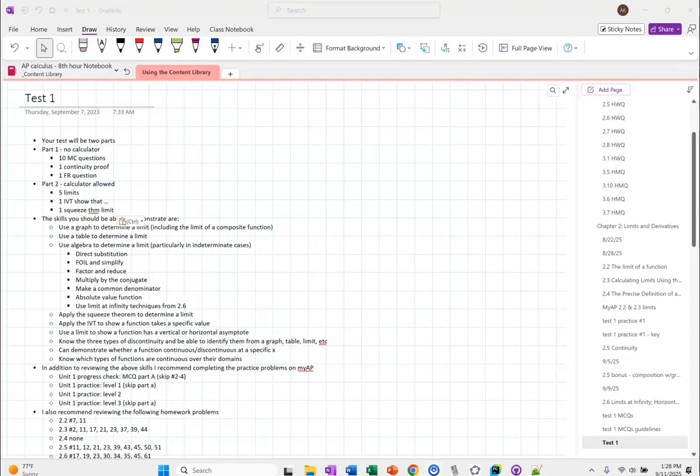Additionally, you'll have an intermediate value theorem question. It'd be like, show that this equation has a solution on this interval, right? So again, you should be able to write an answer to an IVT proof using the format that we practiced on Delta Math.